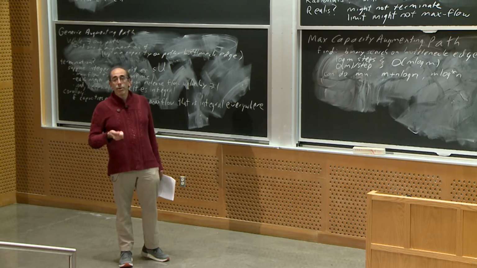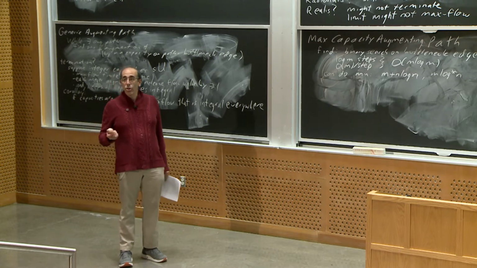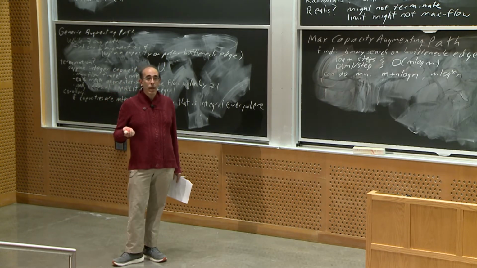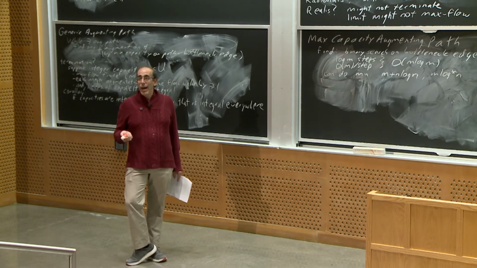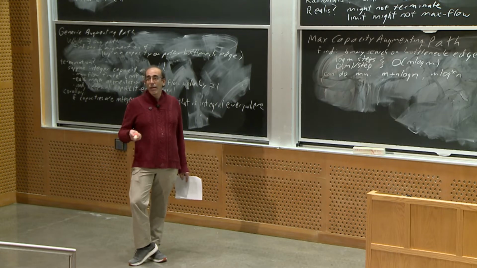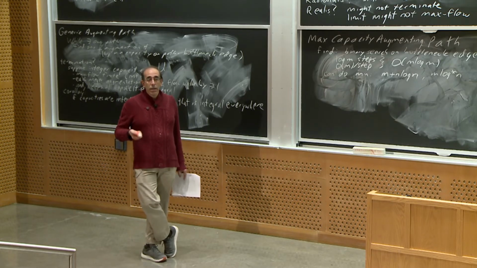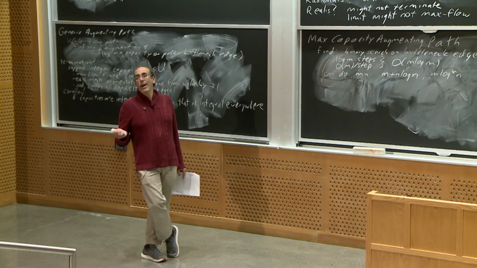If you think about it, the bottleneck path problem is basically like the shortest path problem, right? You're asking for the shortest path from S to T, but you're measuring it differently. Instead of measuring it by adding the edges, you're just measuring it by the smallest edge on the path. In that sense, it's kind of like a directed version of minimum spanning tree. Minimum spanning tree is asking to connect the whole graph with the cheapest possible edges. This is just asking to connect S and T with the cheapest possible edges, and it's directed.